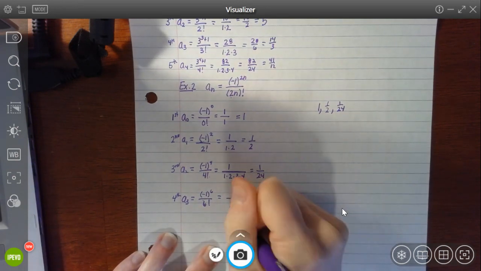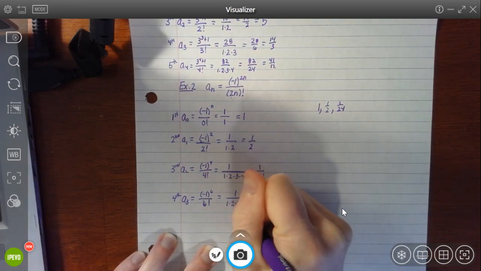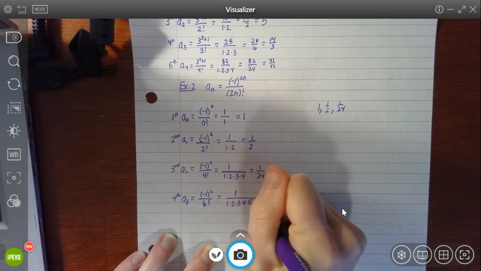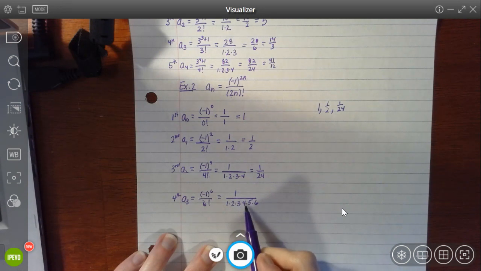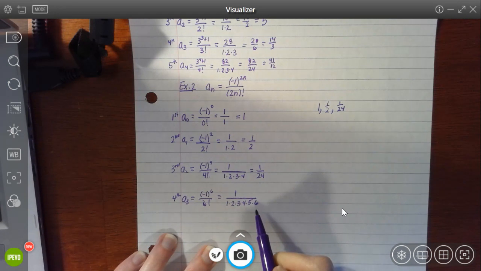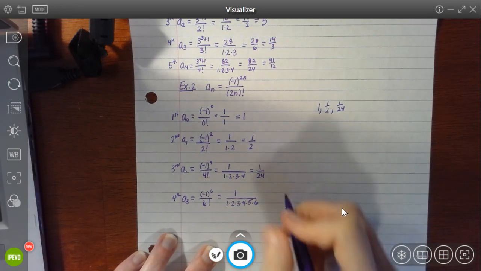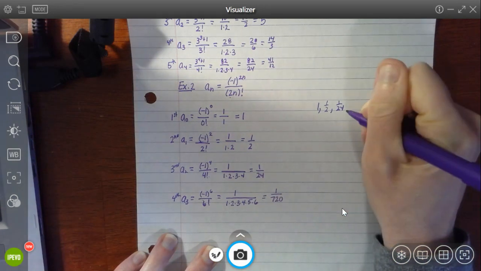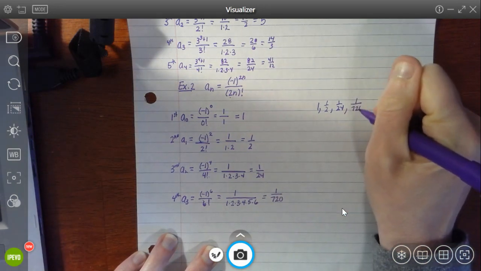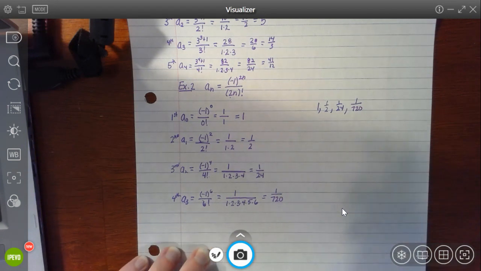But for 6 factorial, I'm going to take 1 times 2 times 3 times 4 times 5 times 6. Remember, we start with 1 and keep multiplying by the increasing integers until we get to the given value, in this case 6. When we work that out, this ends up giving us 720 in that denominator. So my next term is 1/720, and we've got one last one to find.